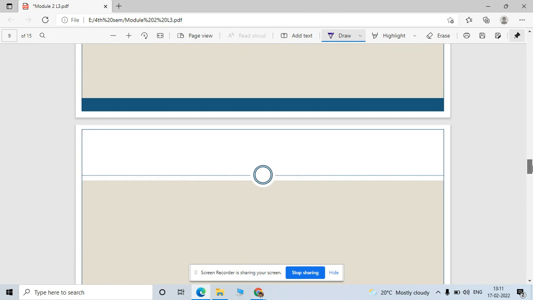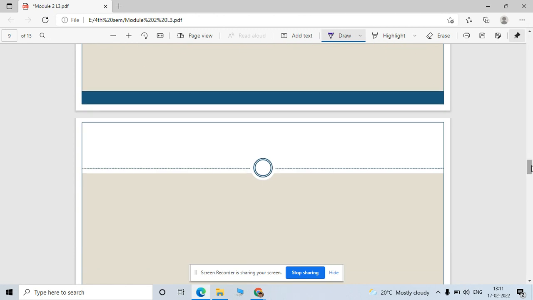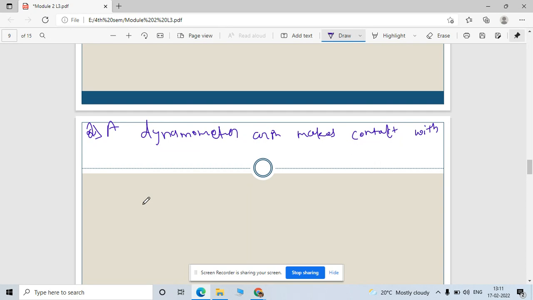Write down the question. A dynamometer arm makes contact with this PE load cell. PE means piezoelectric load cell.